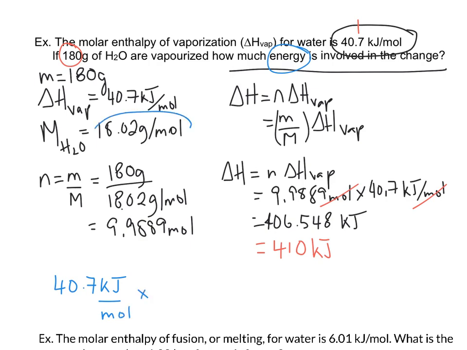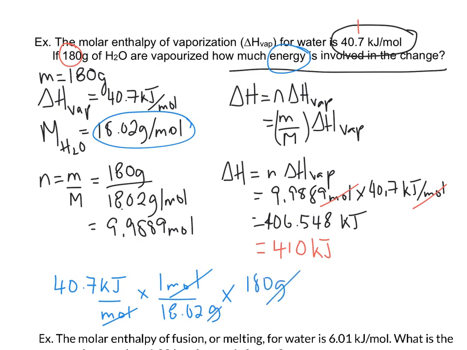We have this ratio, 1 mole for 18.02 grams. Moles have canceled, and then we have 180 grams. Grams cancel. The units we have left are kilojoules, so 40.7 times 180 divided by 18.02 is 410 kilojoules of energy.